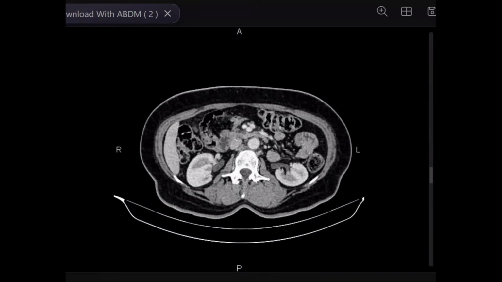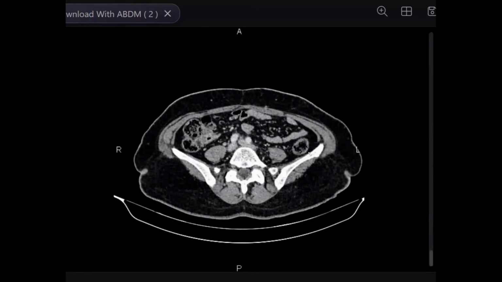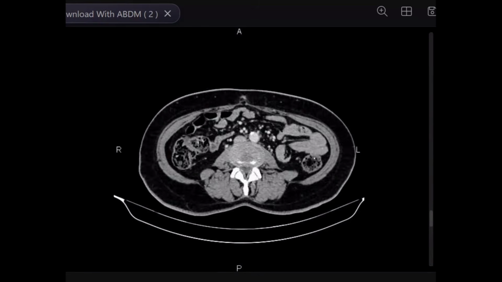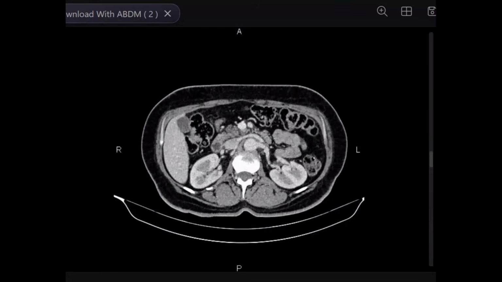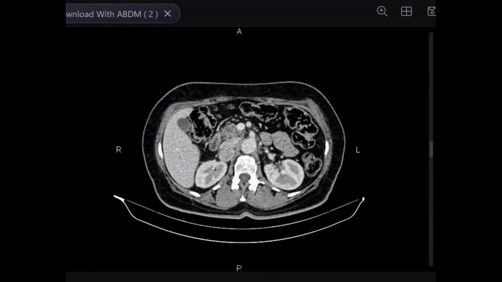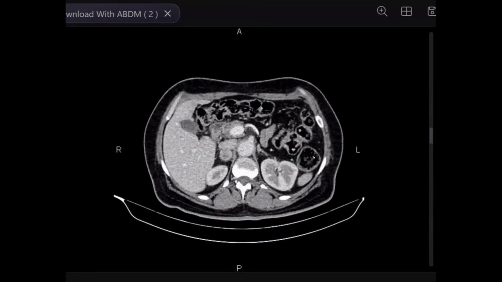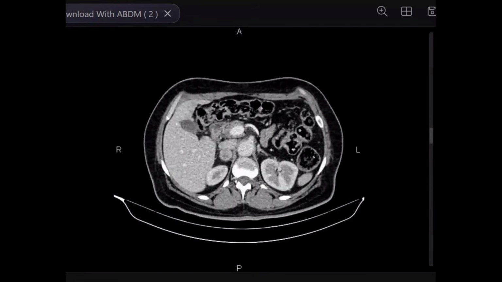I'm wondering if this is a male patient. I'm just going to go down. The pelvis has not been covered. If this is a male patient, then it could be coming from a seminomatous testicular neoplasm. If it is a female patient, I would still want to look at the pelvis.